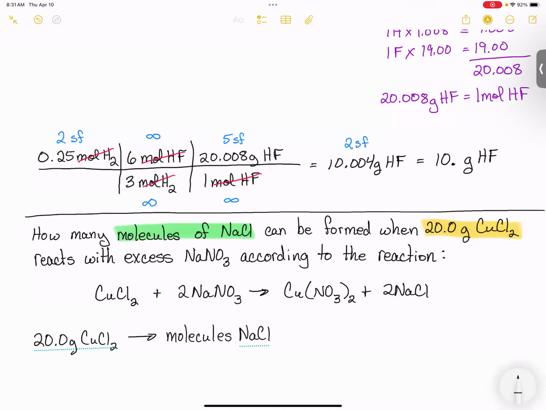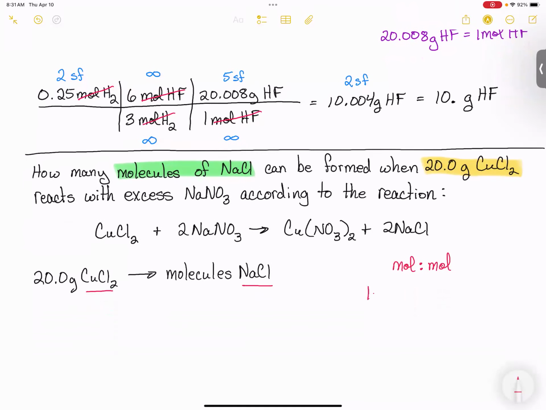Okay, let's break it down. First thing I notice is we're dealing with two different substances. Two different substances means I'm going to need a mole-to-mole ratio. According to the balanced chemical equation, 1 mole of CuCl2 produces 2 moles of NaCl.